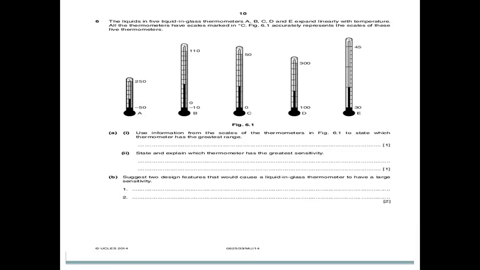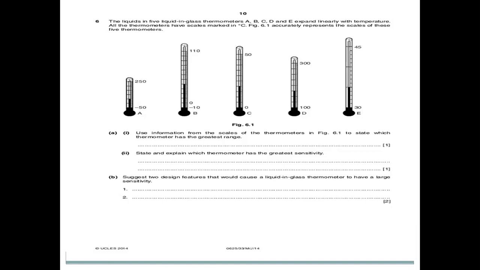So in question A-i, they asked which one has the greatest range. When we measure the ranges for all, the greatest range was for A. So A has the highest range among the 5 thermometers. Now question 2: state and explain which thermometer has the greatest sensitivity.